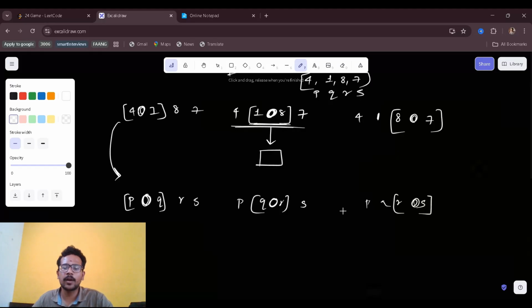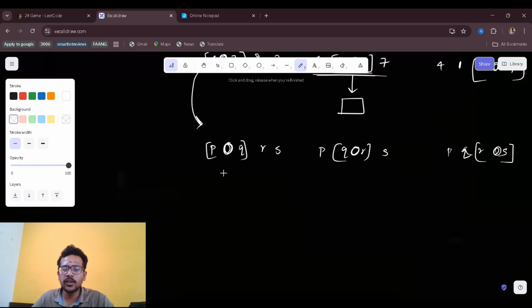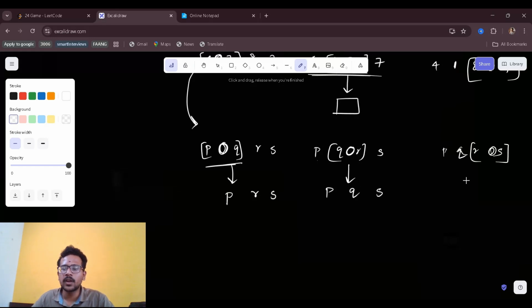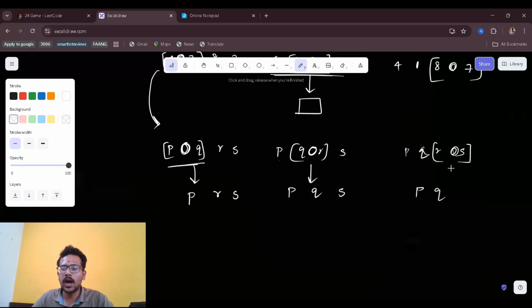This is how I am representing it. Now, this P and Q, let me take this value as P, and I have R and S. Now, Q and R, I am saying it as Q itself, P, Q, S. Now, PQ, I have R, so I am saying it as R, right?